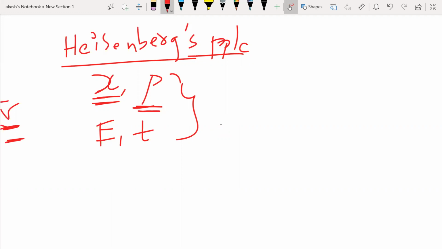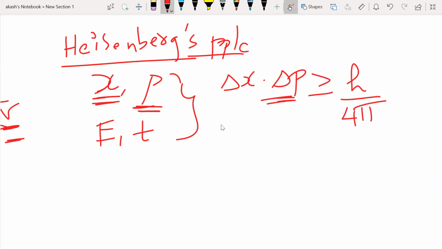Now, if I have to give it mathematically, he said: Δx is the uncertainty in position, or the error in measurement of position, and Δp is the uncertainty in momentum. Δx·Δp will always be greater than or equal to h/4π. That means this value can never be zero.